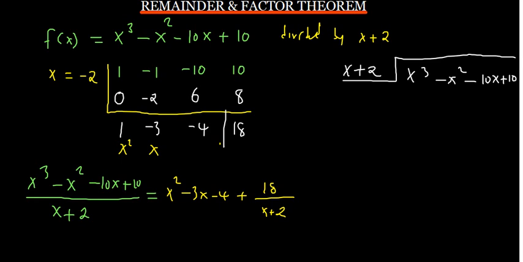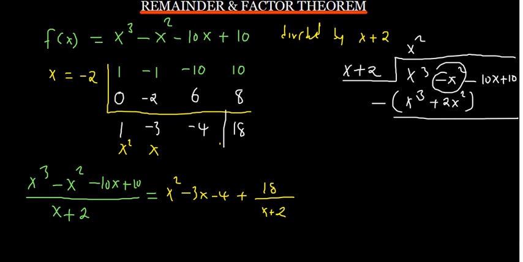x squared. Good. And then this x squared I'll multiply with this. So x squared times x will give me x power 3. x squared times 2 will give me 2x squared. From there I'll write a line and then subtract. You've seen I've written this in brackets. x cubed minus x cubed will be 0.